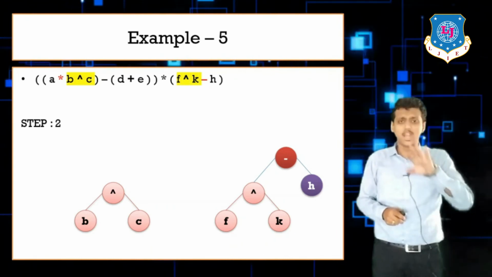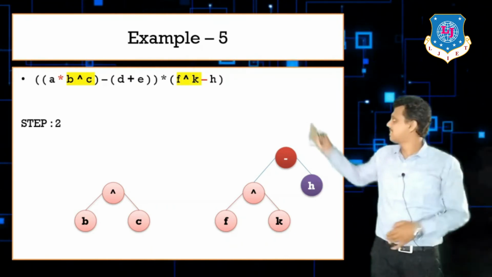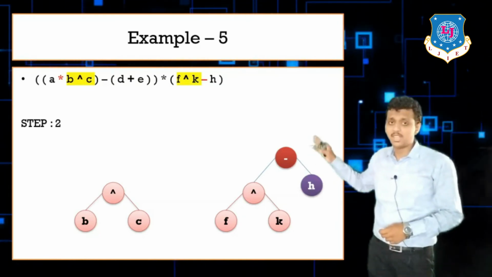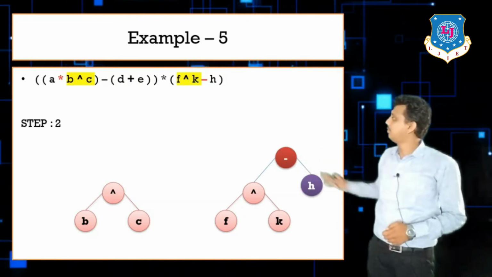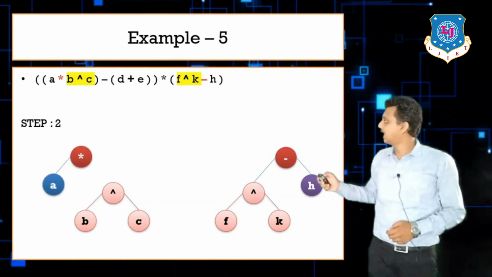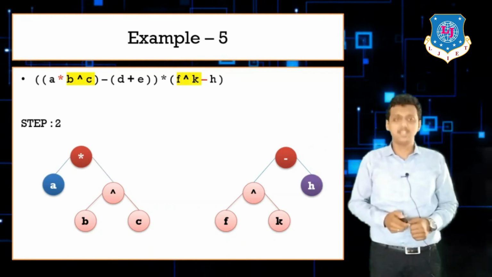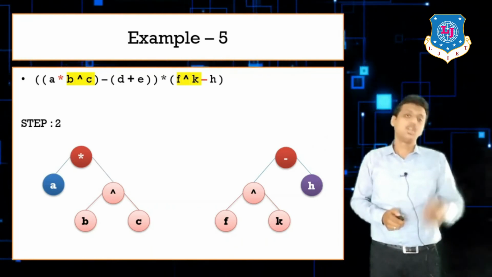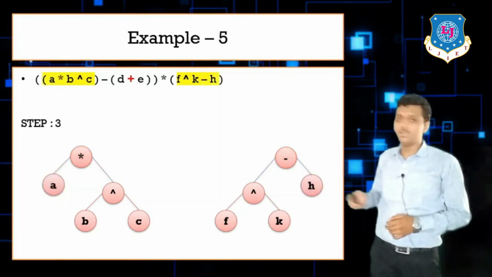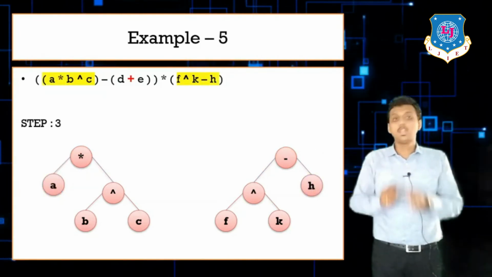Fine. Now what happens with the next term? Let's check it out. First we have star. On the left side of the star, students, we have A, and on the right side of the star we have B caret C. So it goes like this: the left link is connected with A and the right link is connected with B caret C. Fine. What are the remaining terms? This whole equation is already solved. Now we have another bracket, students.